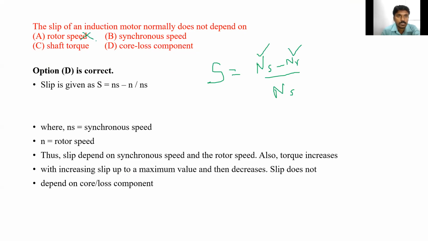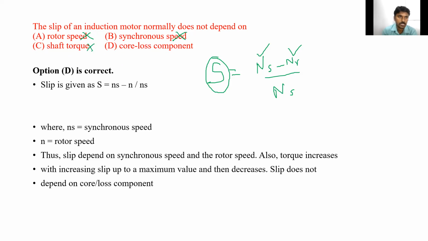So rotor speed is a wrong answer and synchronous speed is a wrong answer. Now which two answers are left? Shaft torque and core loss component. Shaft torque depends upon the slip. If the slip varies, the torque also varies. So indirectly the slip depends upon the shaft torque also, or shaft torque indirectly depends upon the slip.